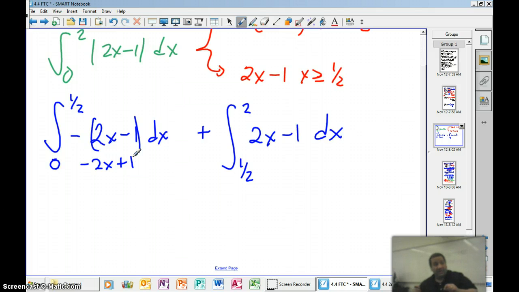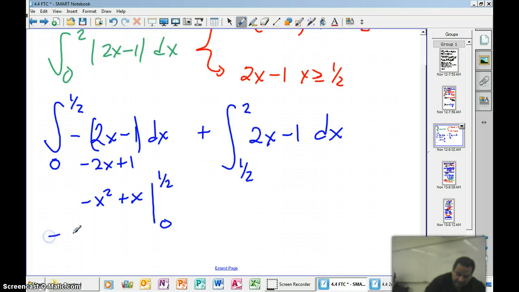Now I'm going to take the integral. When I take the integral, I get, remember, x squared over 2. So it's going to be negative x squared plus x, and evaluate that at 1/2 and at 0. At 0, it's nothing. So it's going to be negative 1/2 squared plus 1/2, and then minus 0, because when I put 0 in, it's all 0.